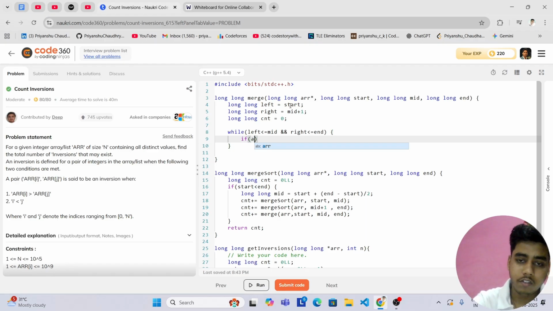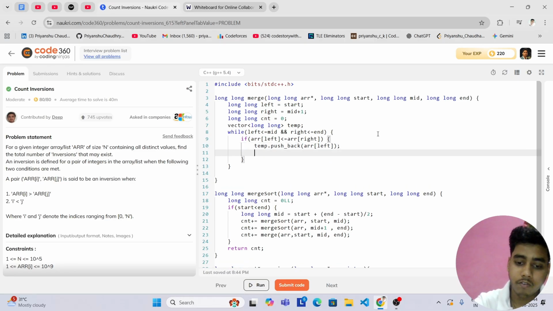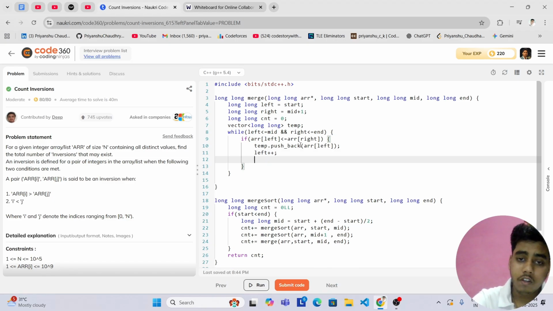If we see any element on the left is less than or equal to the element on the right, we also have to use a temporary array. You can remember that in the merge sort function we use a temporary array also. So we push back the smaller element, the array of left, into this temporary array, and we will not forget to increase our pointer.